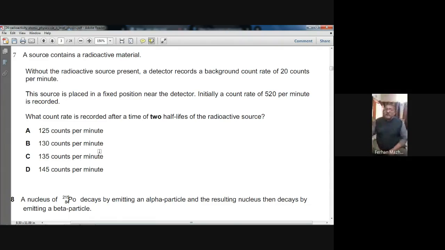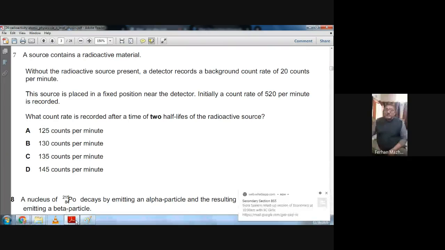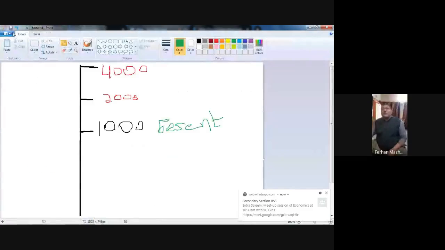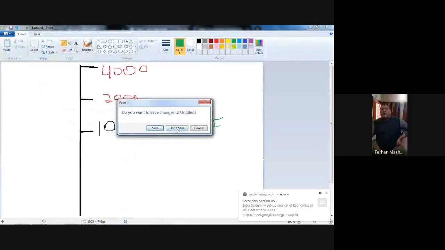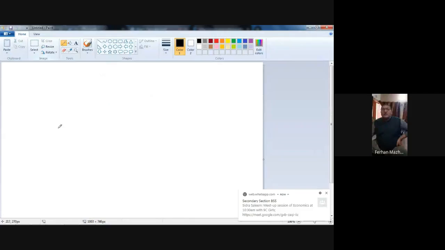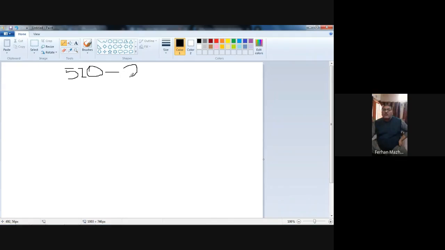Okay, let me show you how it is done. The count rate is coming out to be 520. Subtract from it the background radiation.